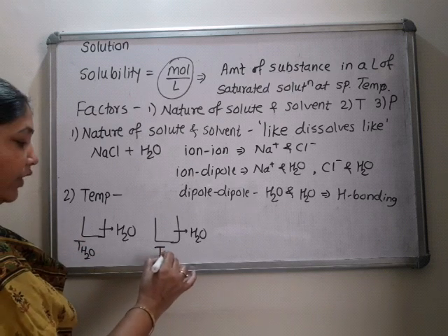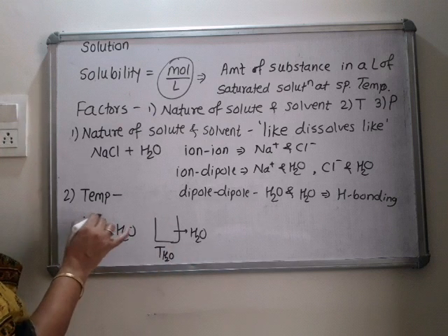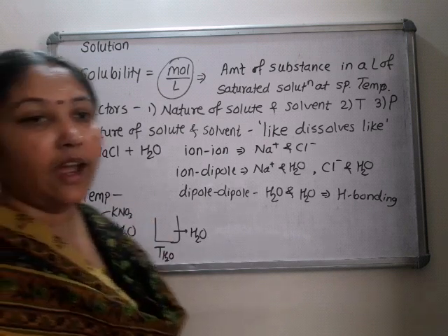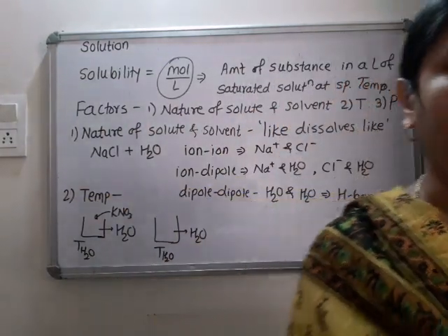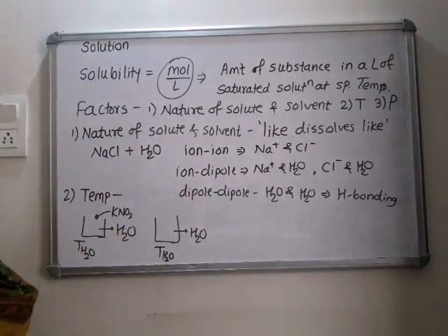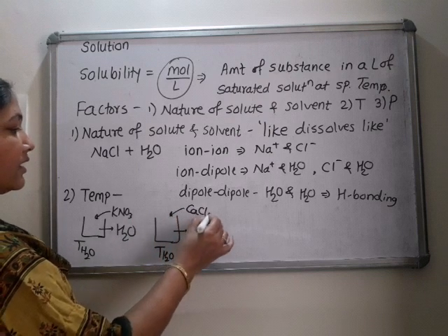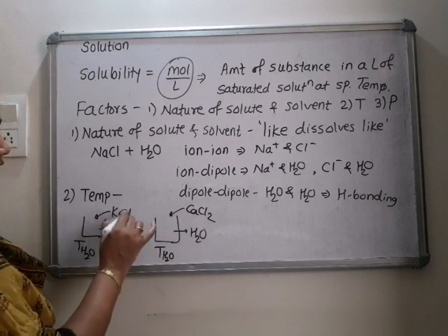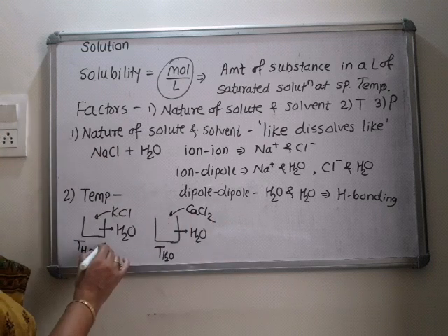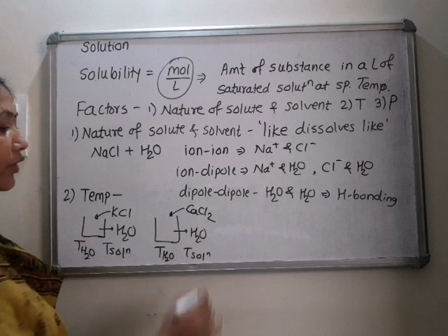Now add KNO3 or KCl in this one, and add CaCl2 in the other. Then measure the temperature of the solution in both.